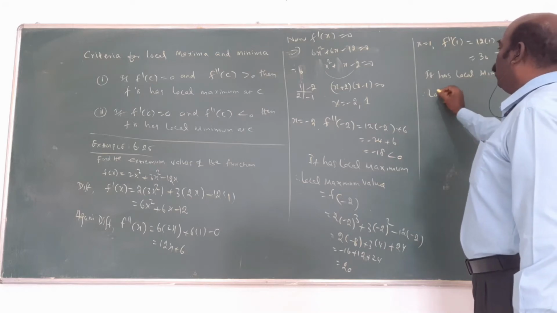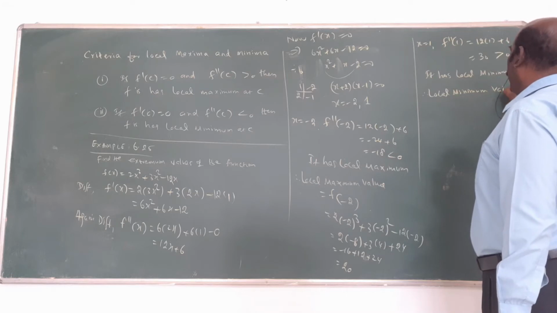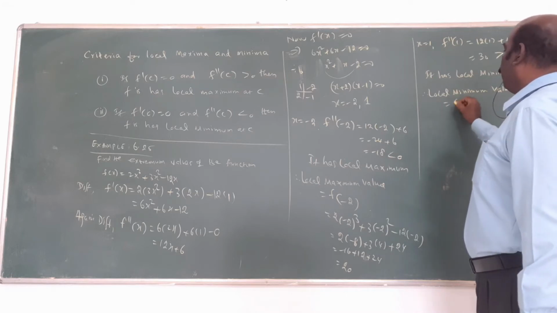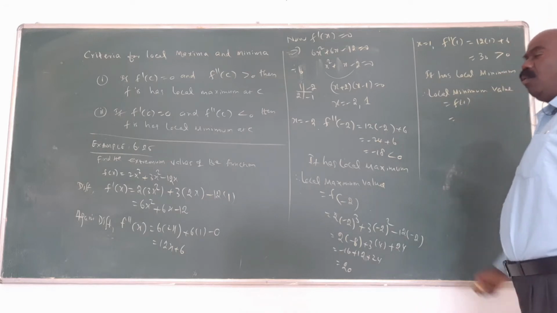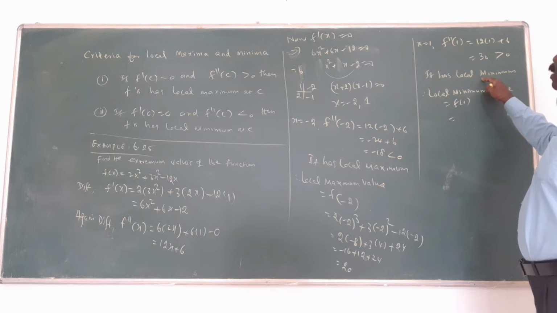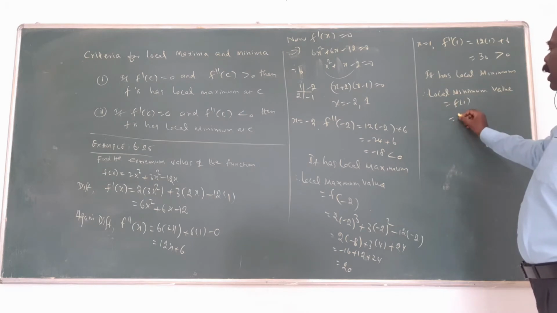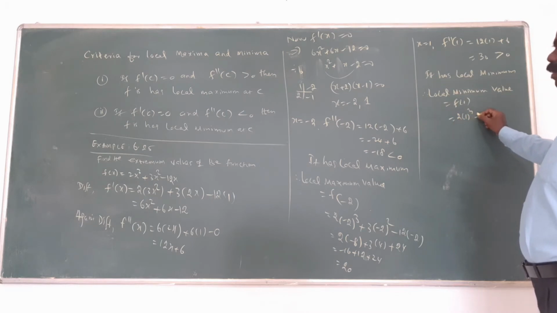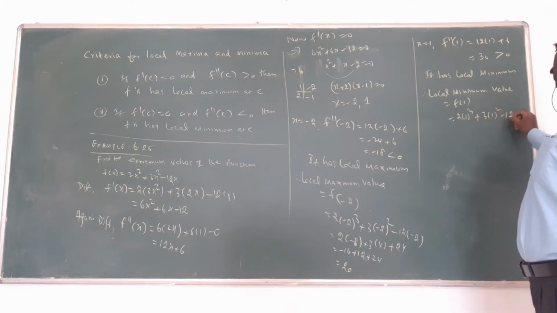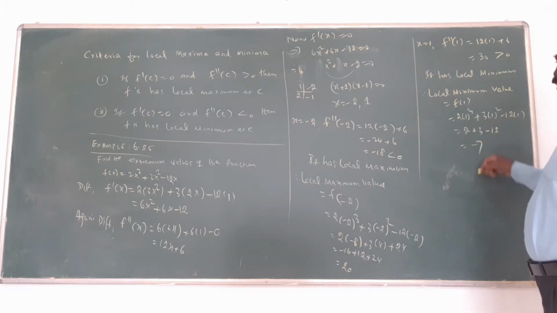Therefore, the local minimum value equal to f(1). Substitute the x value only in the given function, that is called the local minimum value. 2 into 1 cube plus 3 into 1 square minus 12 into 1. So 2 plus 3 minus 12. That is our answer, minus 7.